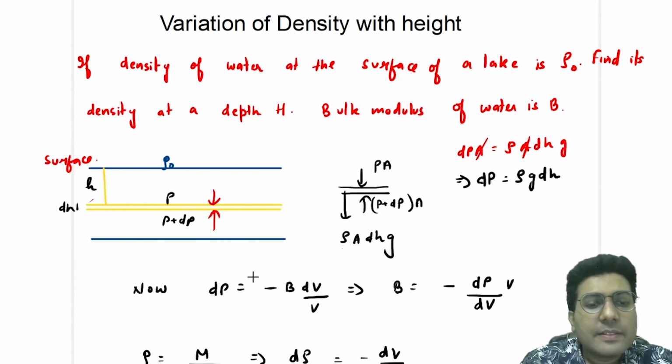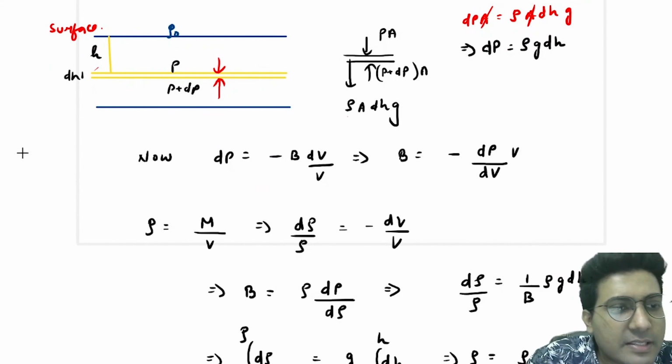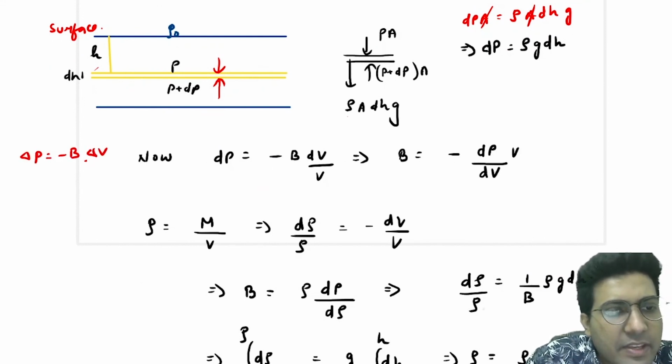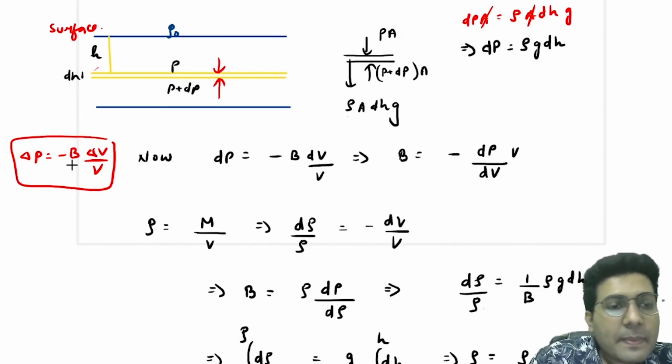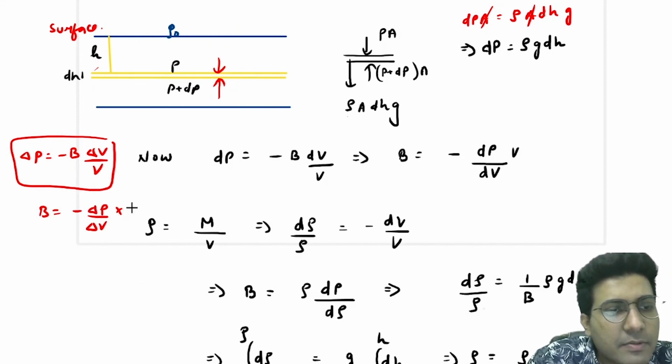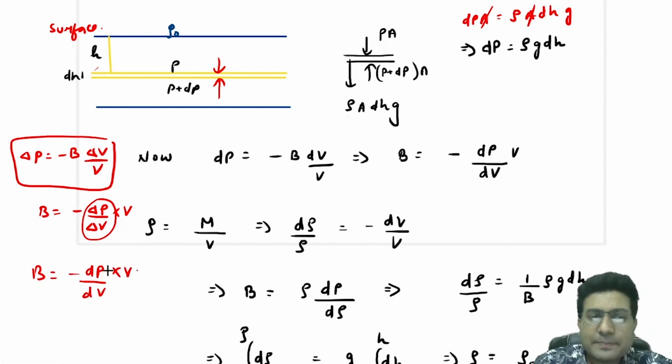Now you know the bulk modulus, I'll again repeat, delta P is equal to minus B delta V by V. We have discussed this in the last class. Then bulk modulus can be written as minus delta P by delta V into V. Now delta P by delta V can also be written as dP by dV for small change, because normally the change is small.